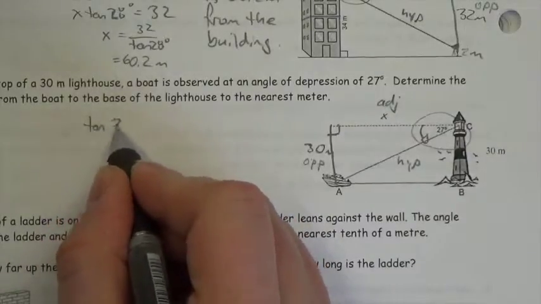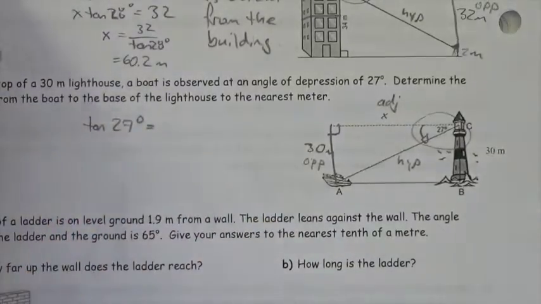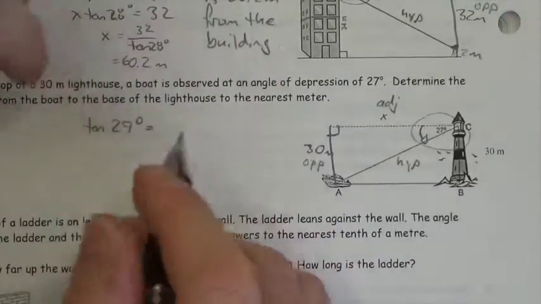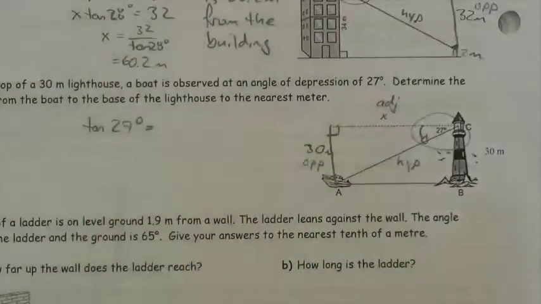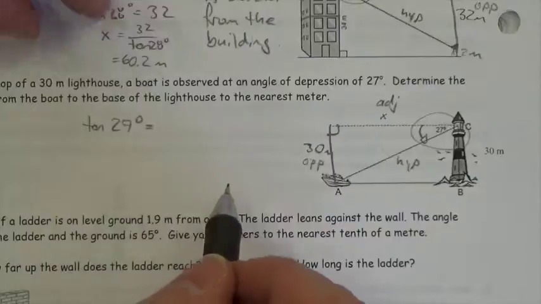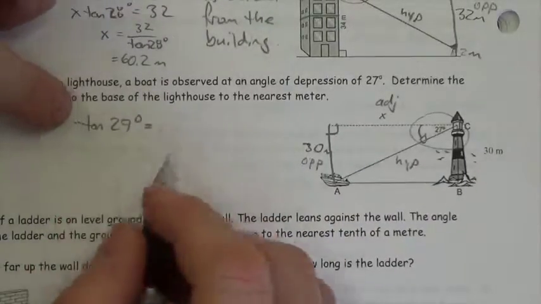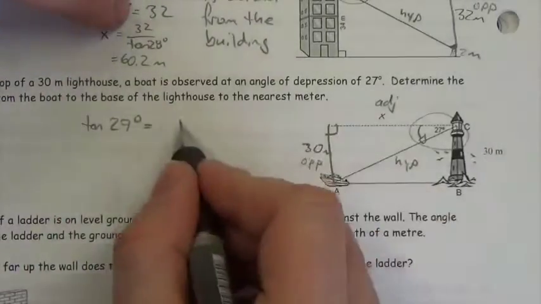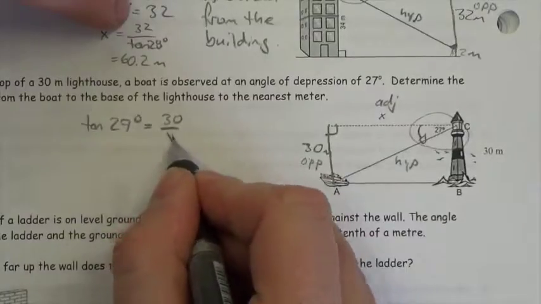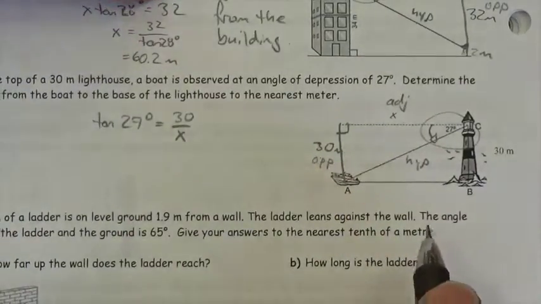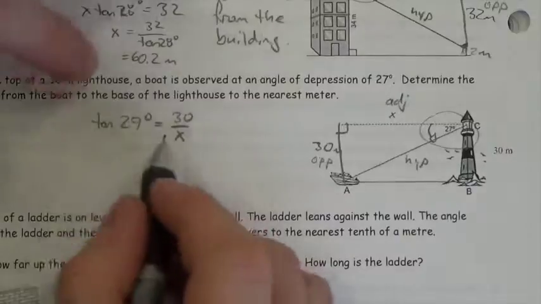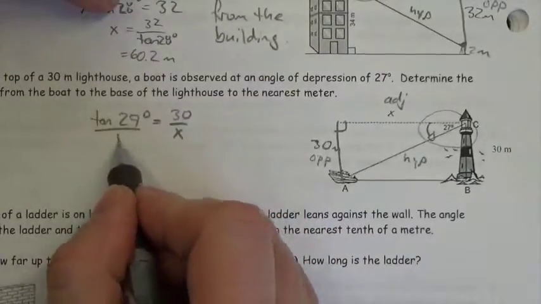So the tangent of 27 degrees, that ratio is the same for every right triangle that has a 27-degree angle in it. The ratio of the opposite and the adjacent will be the same, and in this case it's going to be 30 over x.